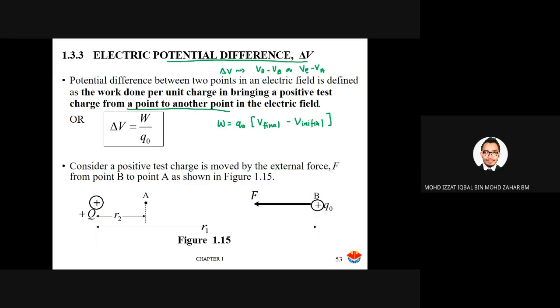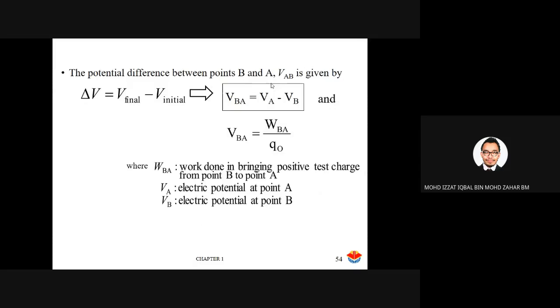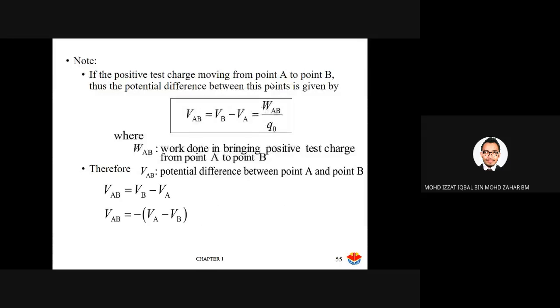But then, kalau dia cari delta V je, dia tak akan cakap final dengan initial, kamu yang kena tentukan A tolak B ke B tolak A. Oh, this one just cakap je lah VB dengan VA tu. Tak ada apa ya.